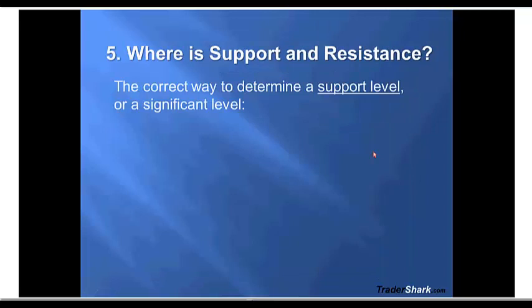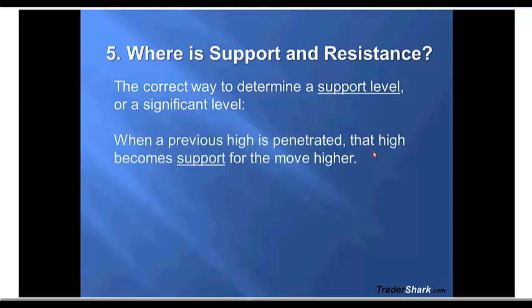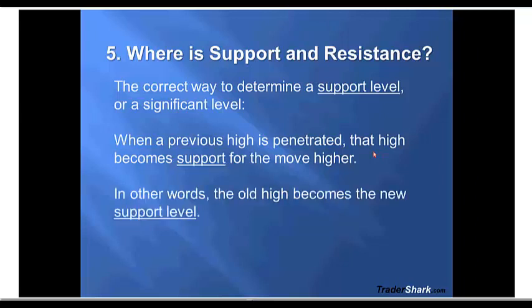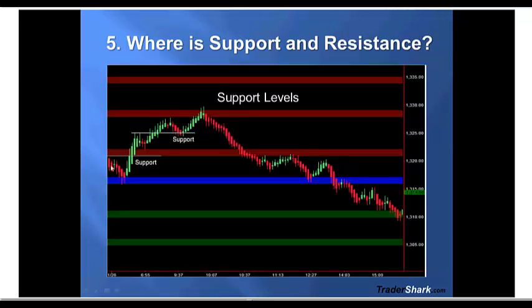The correct way to determine a support level or a significant level, and the reason this is important is this significant level is what's going to determine whether the market reverses at the reversal zones. It all makes sense when you put it together. When a previous high is penetrated, that high becomes support for the next move higher. Support level, not a resistance level. Like this.